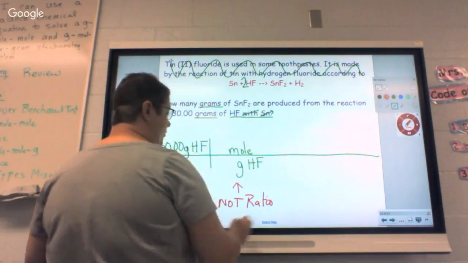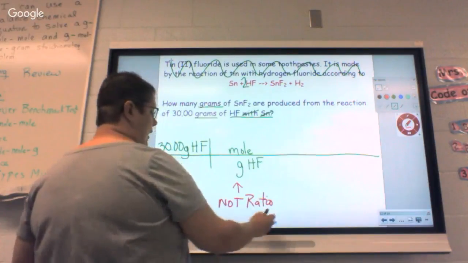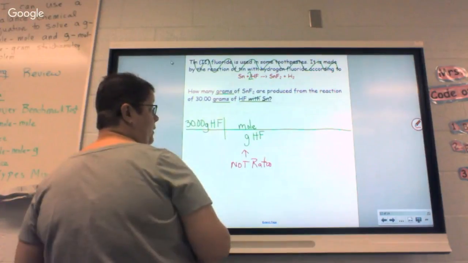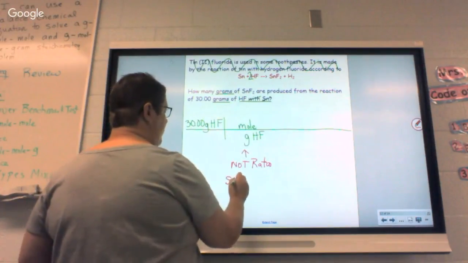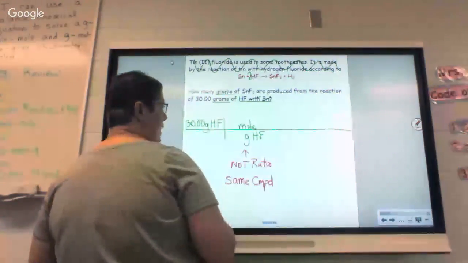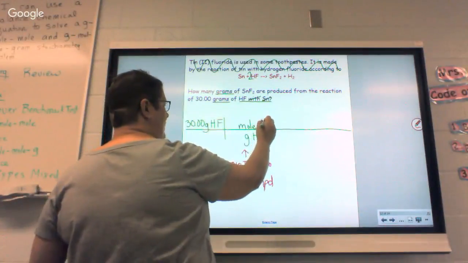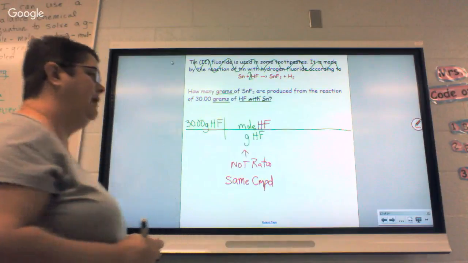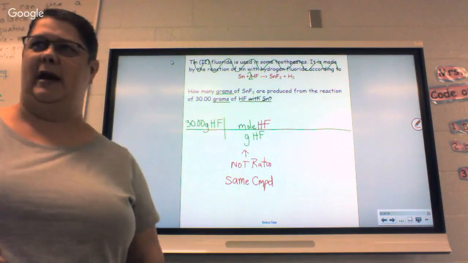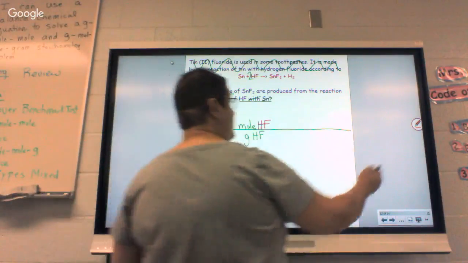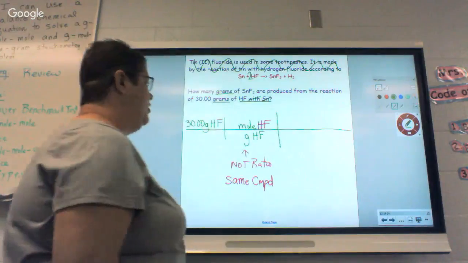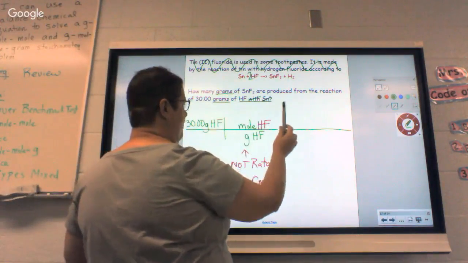So if this is not the ratio, you have to leave it as the same compound on top. So HF has to go back on top. Because it's not the ratio, you cannot change the compound. That's the biggest thing you have to keep in mind. If it's not the ratio, we cannot change the compound.